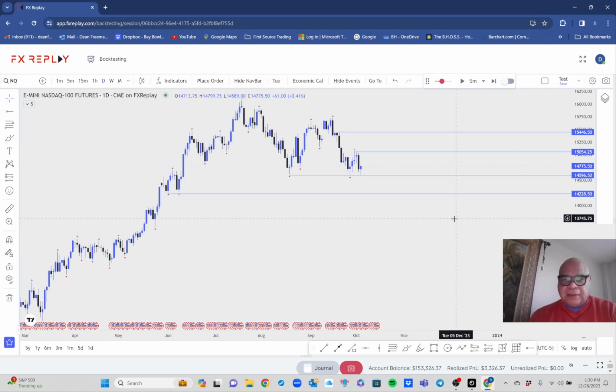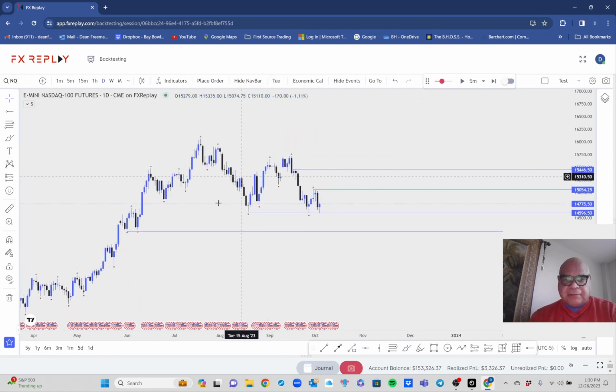So I'm just looking at the dailies. I've kind of marked out my levels here, and price is hovering. This is October of 2023 here. Price overall is on a downward trend, although we've got a reasonable amount of strong FEGs, price inefficiencies on the way down, that price will likely come down to.